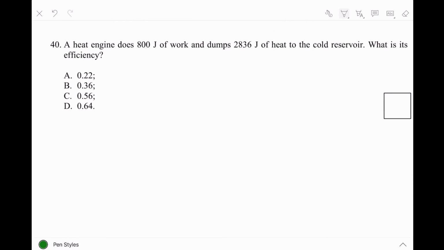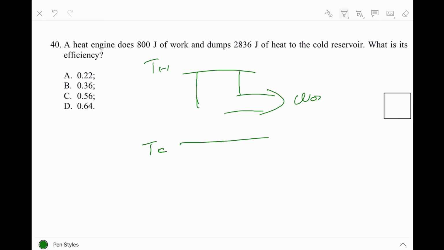A heat engine does, now if there's a high temperature, there's a low temperature, there's a hot and cool side. You draw some energy from the high temperature, it explodes in the cylinder. You convert some of the energy into work done, and some of the energy you put into the cold side.